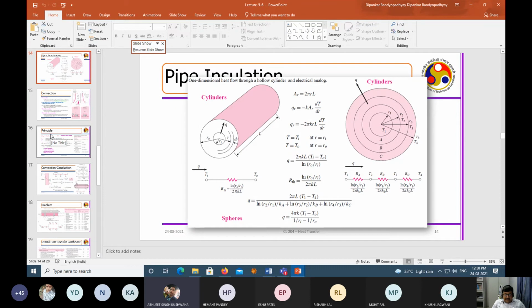So how much is coming? HA delta T, right? 2 pi R, 2 pi L, right? So how much will be the Q1? So just calculate it. So we have to find Q per unit length, right?